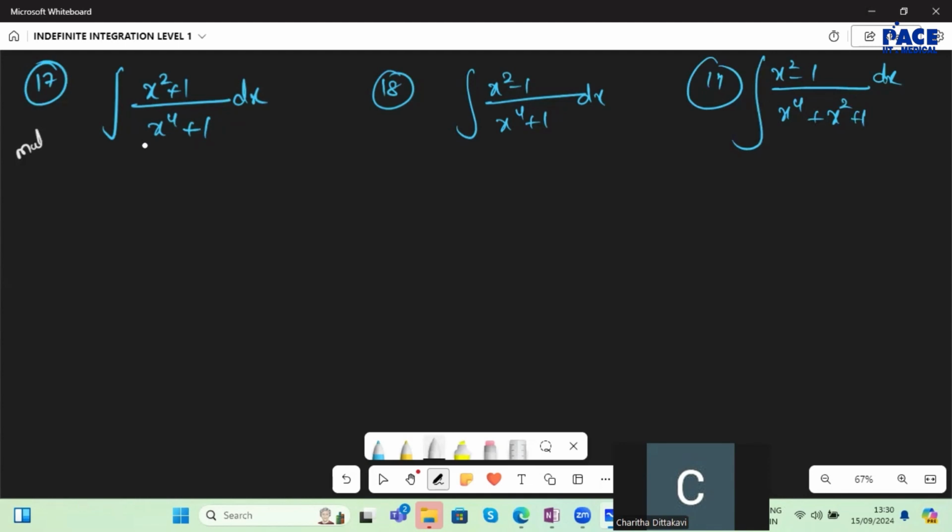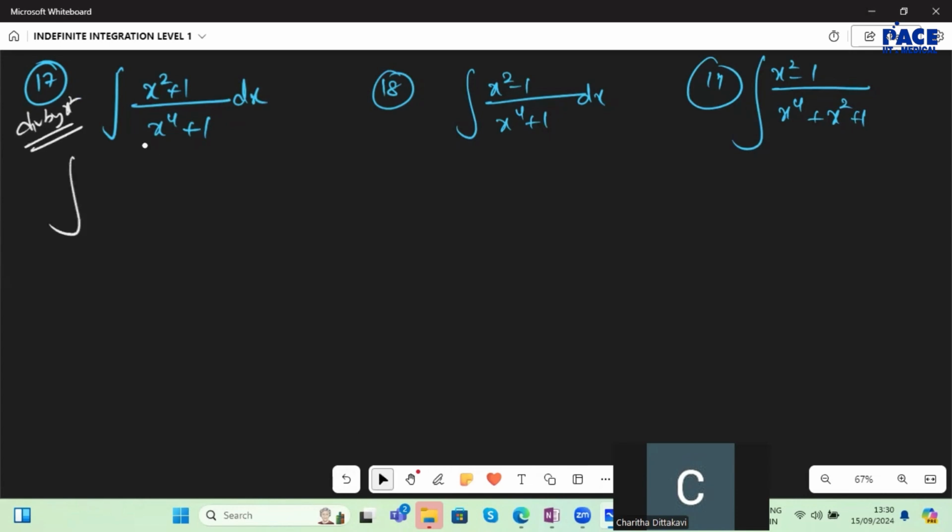So just divide by x square both in the numerator and denominator. Now rewrite the question. When you're dividing, just divide every term by x square.